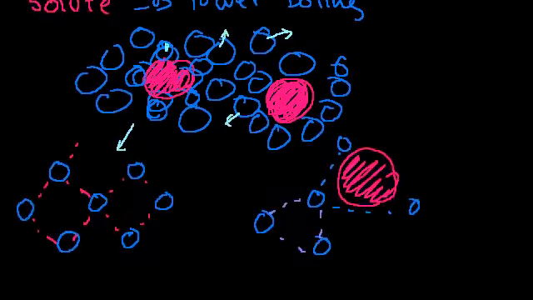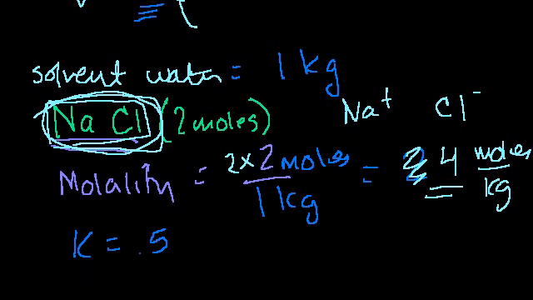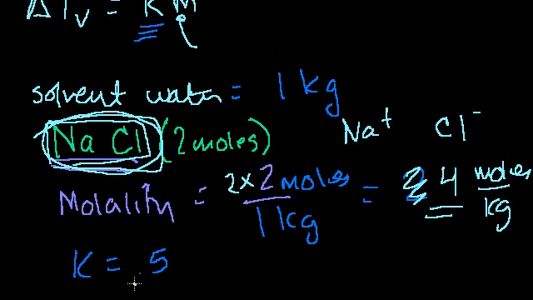So in my example, when I start with a mole of this and dissolve it in water, I end up with, sorry, 4 moles per kilogram of molality, because this turns into 2 particles. So given that the molality is 4 moles, 2 moles of sodium, 2 moles of chloride per kilogram, I just use that constant that I just got from Purdue.